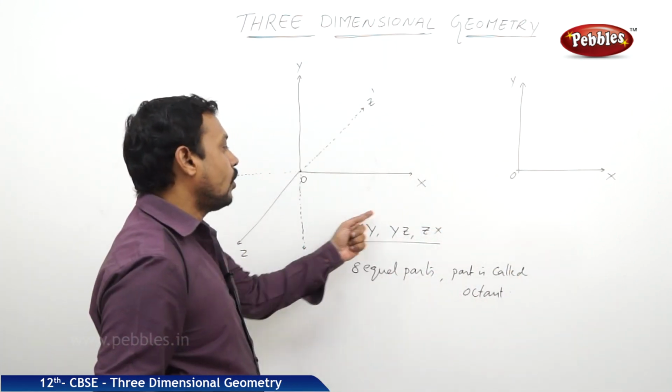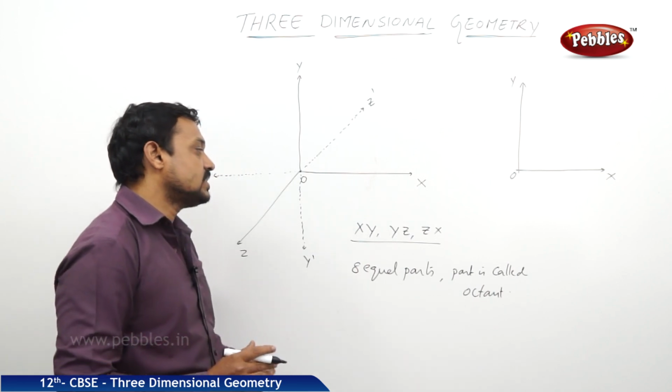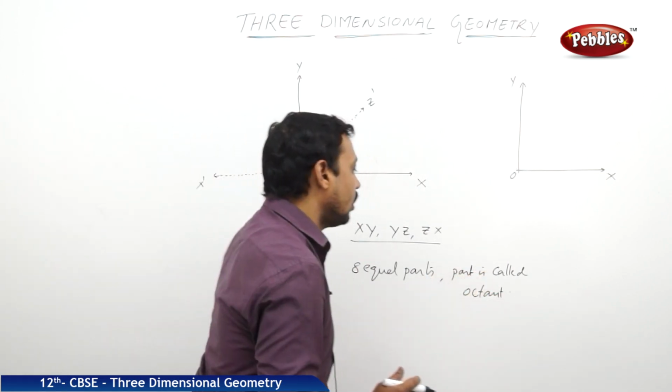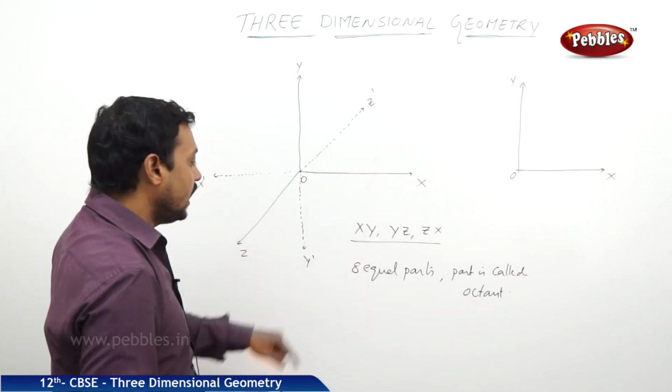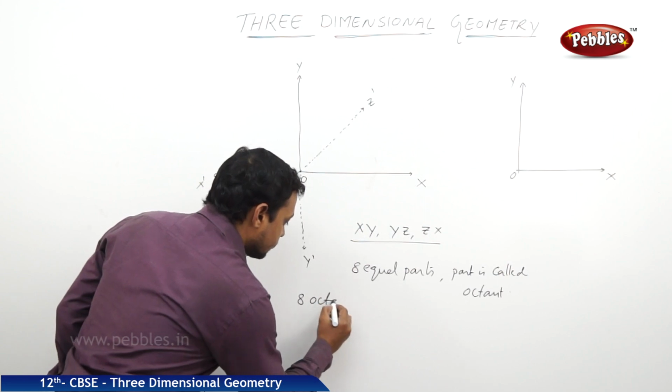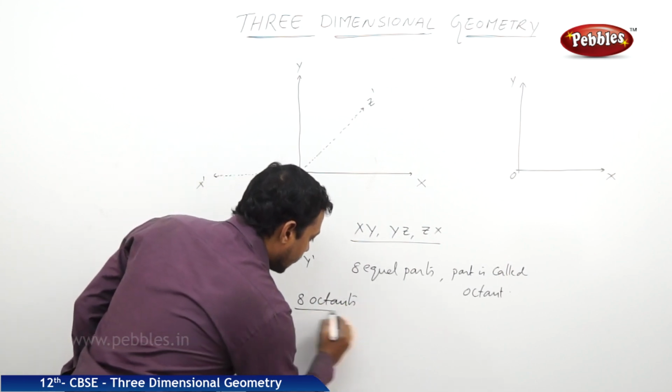So the three coordinate planes xy, yz, zx divide the space into 8 equal parts, and each part is called an octant. Hence there are 8 octants.